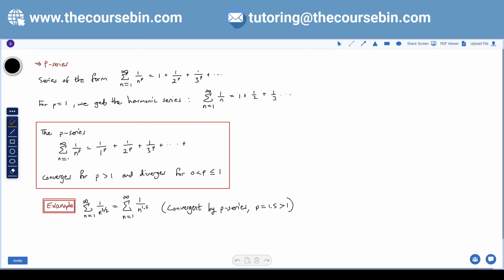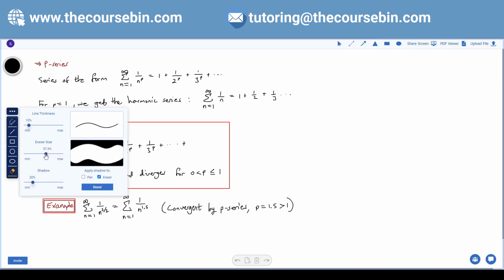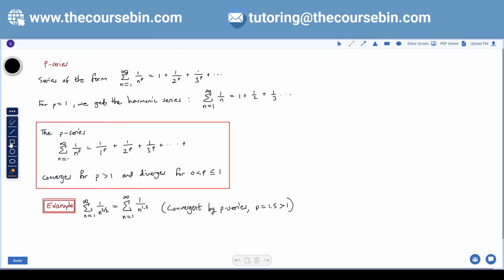All right, so that's it for this section. This is a very quick section. So let's just do an integral test example, and then we'll be done for the day. All right, let's try this one.